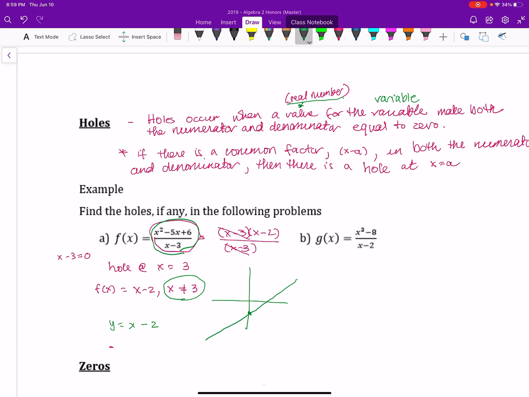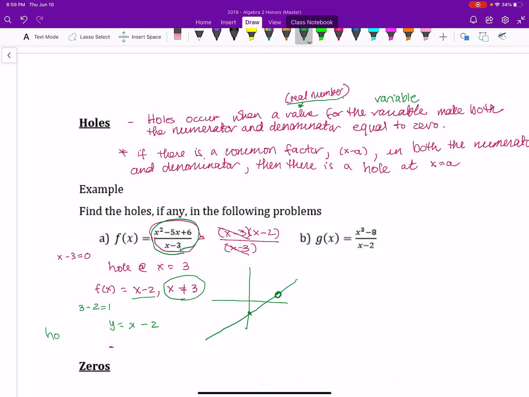So how do we account for that? Well, the hole tells me that when x is equal to 3, there needs to be a hole in the graph. Like I have to actually draw the hole in. So how do I find that? Well, I reduce it here, and then I substitute in the 3. So it's going to be 3 minus 2, which is equal to 1.